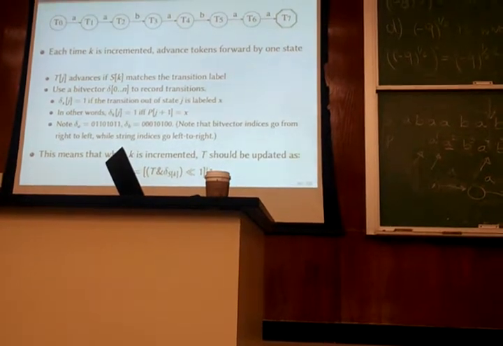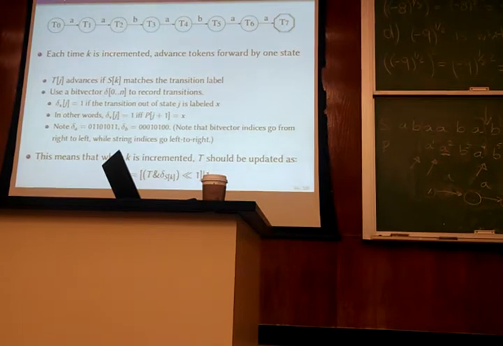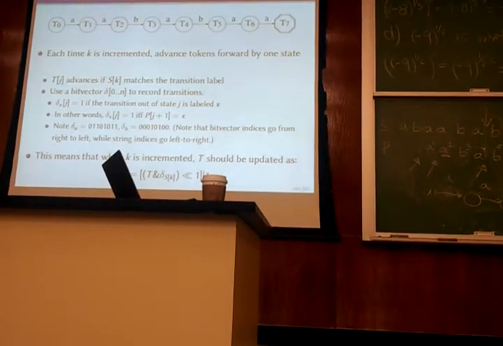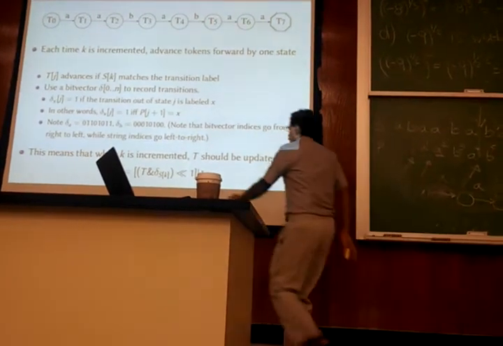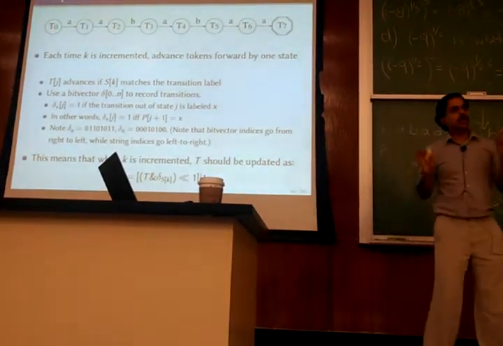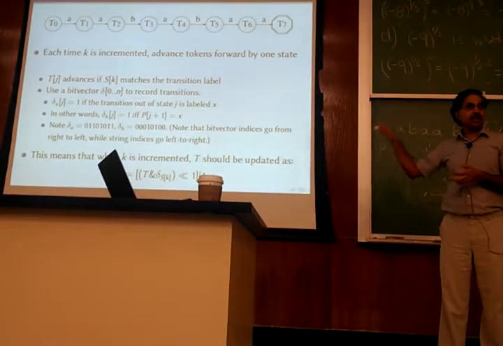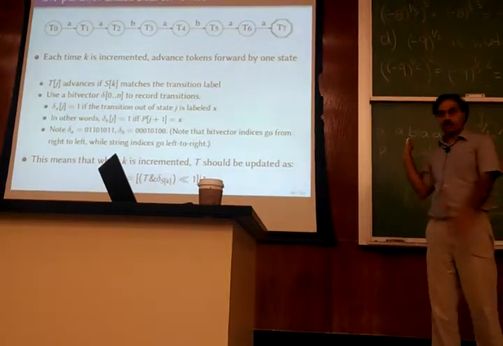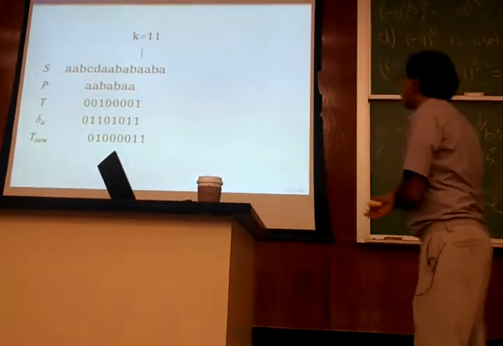That tells me that I'm only going to make the shift for those bits where there's a match with the next symbol. S of K is the next symbol that I'm going to look at, and if there's a forward transition on that symbol, only those tokens are going to move forward. So let's look at this again in the picture.